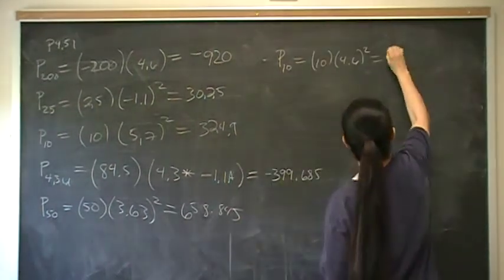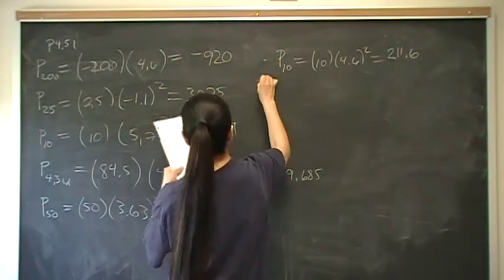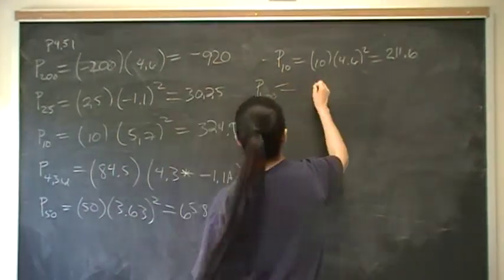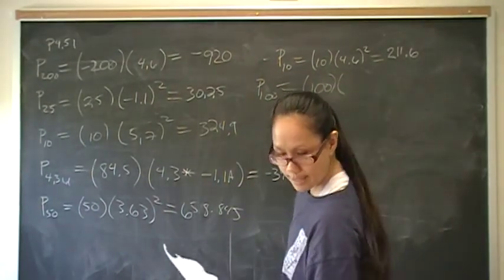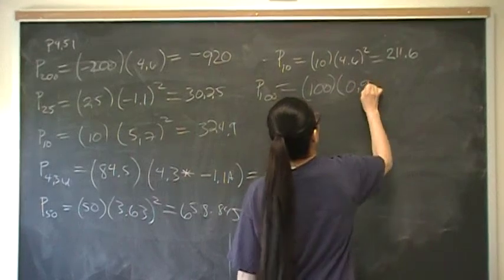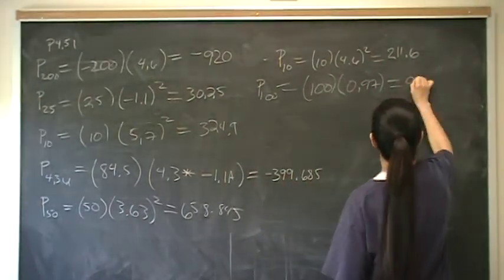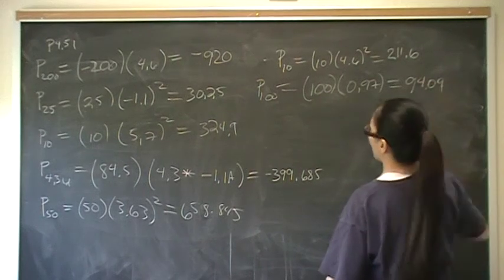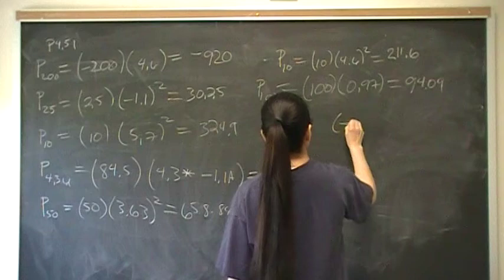And that should give you 211.6. And the final circuit element is the 100 ohm resistor, so that's I squared R. The R is 100, the I is IC, which is 0.97 amps. So that should give you 94.09 watts.